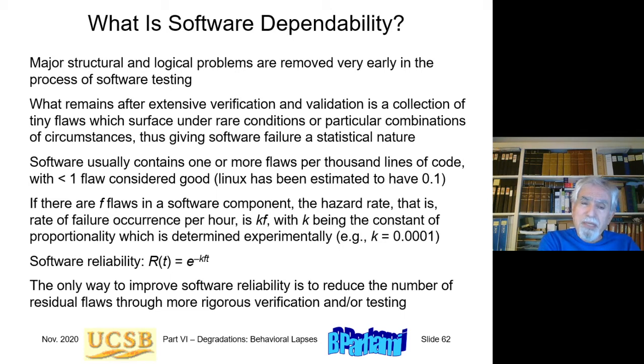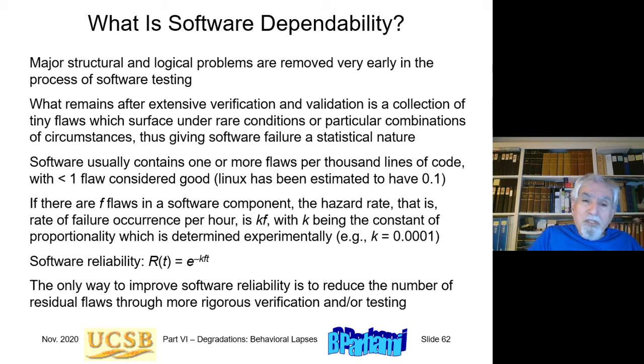So here is the way the exponential reliability model works for software. Now, software usually contains one or more flaws per 1,000 lines of code. Ideally the software does not have any flaws. It's designed correctly, or if it was not designed correctly to begin with, it's tested and eventually all the flaws are removed. You have perfect software.